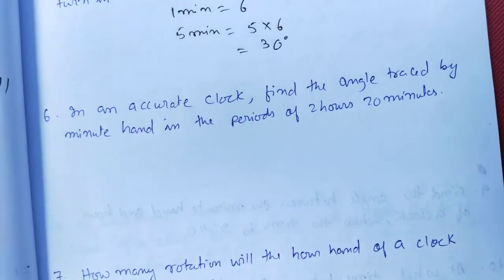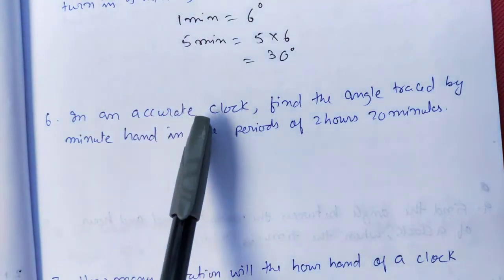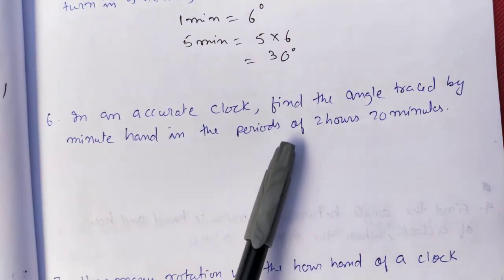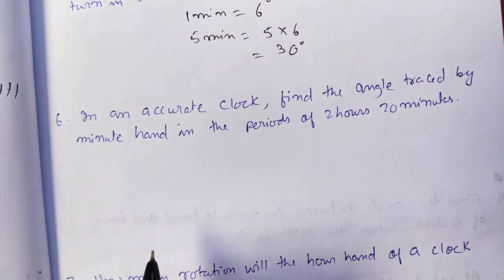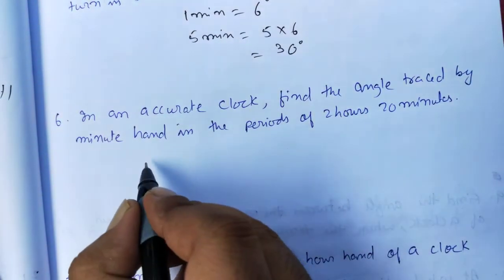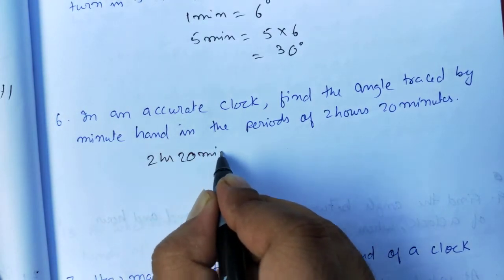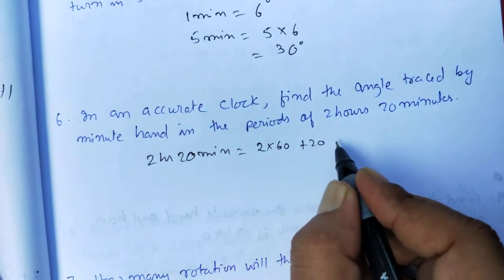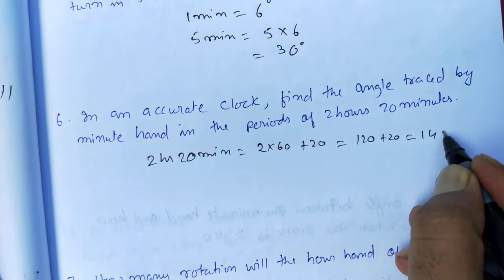Next, in an accurate clock, find the angle traced by the minute hand in a period of 2 hours 20 minutes. So you convert 2 hours 20 minutes into minutes, okay? In 2 hours, how many minutes? 2 into 60 plus 20, that is 120 plus 20, together 140 minutes.